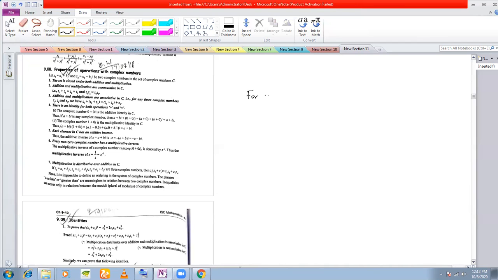For any two complex numbers, or any three, let's say, Z1, Z2, and Z3, Z1 plus Z2 is equal to Z2 plus Z1.